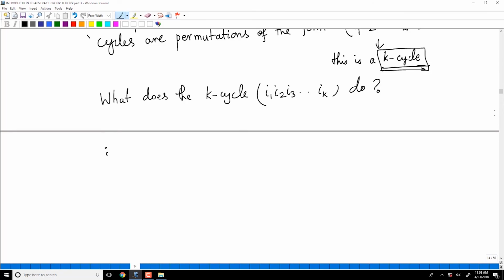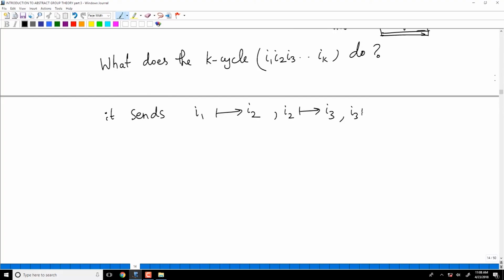It sends I1 to I2, I2 to I3, I3 to I4, right? You understand? I1, the first thing, goes to I2, which is right next to it. I2 goes to I3, which is right next to it. Right next to I3 is I4, so I3 goes to I4, and so on. Ik minus 1 goes to Ik, because Ik minus 1 comes just before Ik.